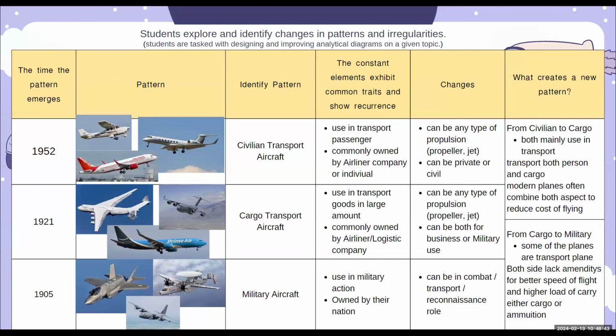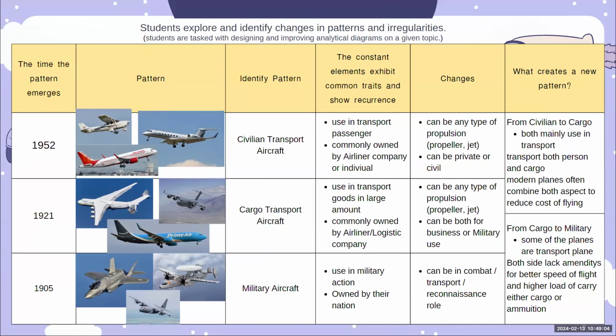It doesn't always have to be jet because civilian transport is privately owned and also corporation owned. There will be individuals who like to travel with a plane, or businessmen who travel with a private jet.